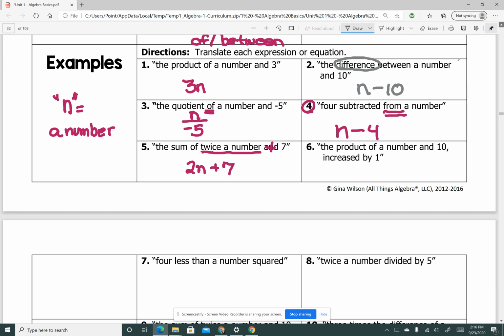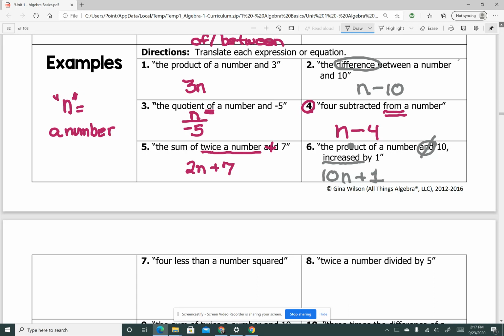And when we say the product, we're multiplying, of a number and 10, this is not addition. Here's our addition, increased by 1. So this is 10n plus 1.